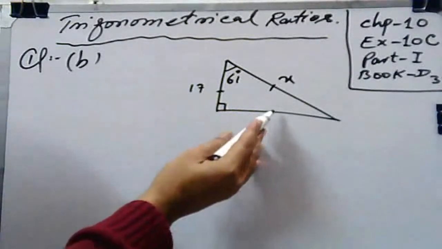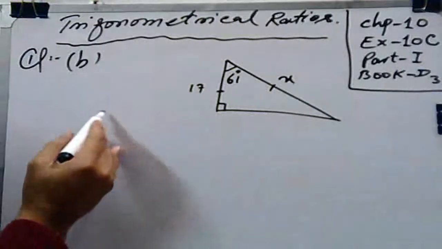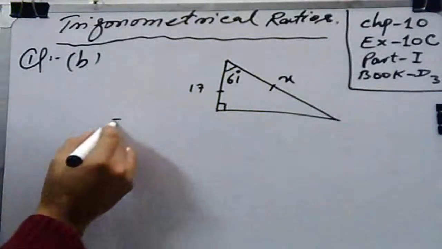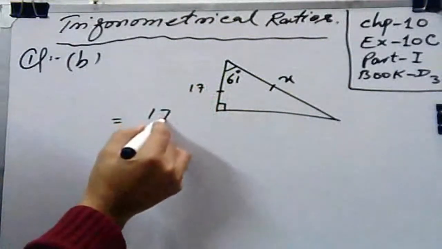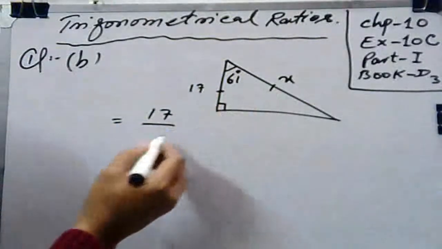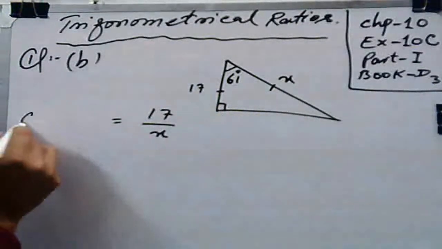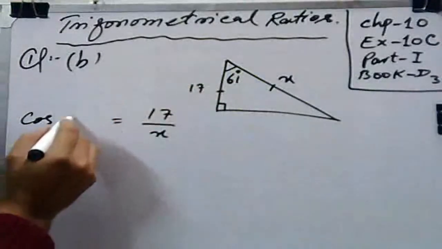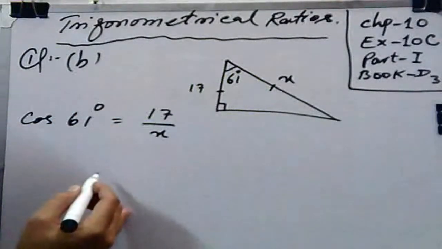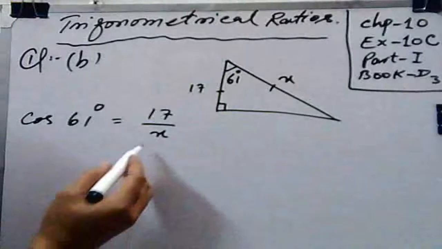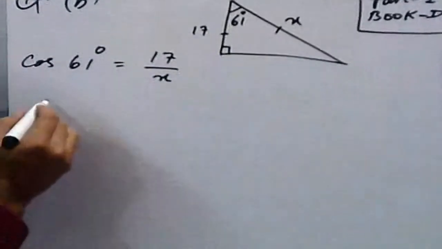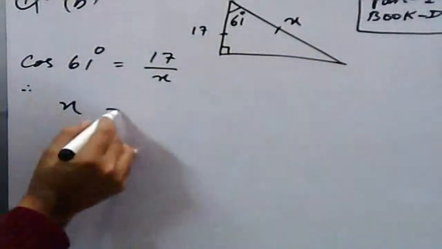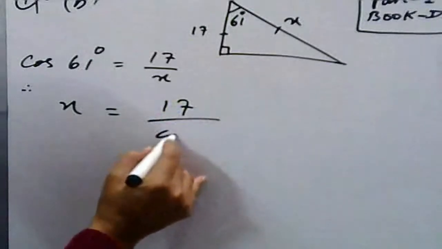So you can take the ratio like this, that adjacent by hypotenuse is known as cos theta. So here theta is 61, cos 61 degree. Similarly, by using cross multiplication, you need the value of x, so you can write that therefore the value of x is 17 divided by cos 61 degree.